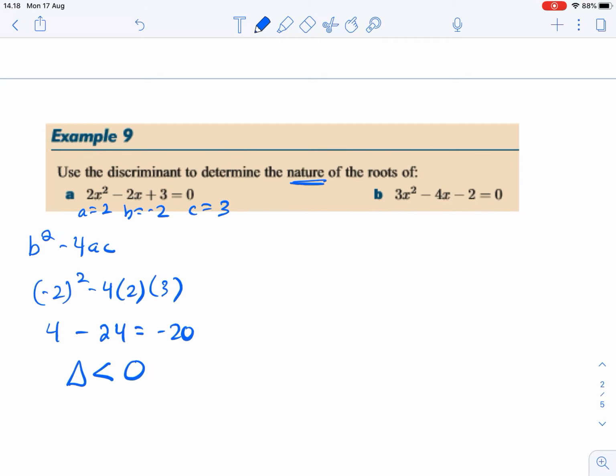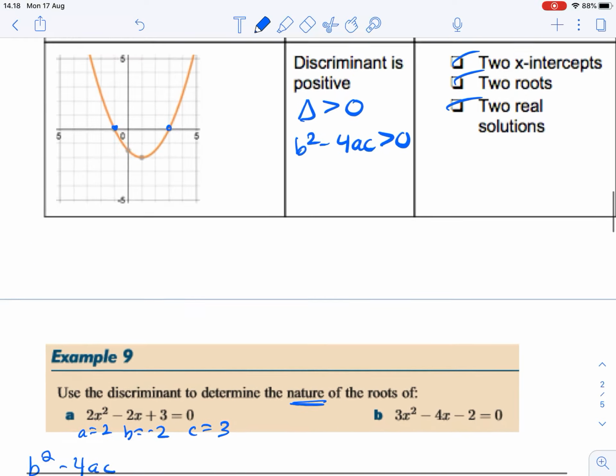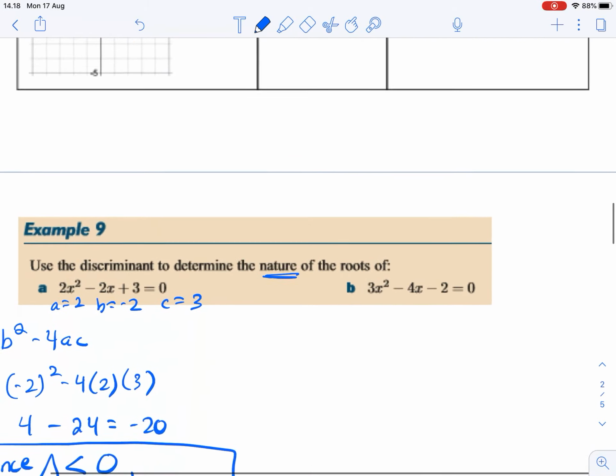And this tells me that my discriminant is less than 0. If my discriminant is less than 0, there are no real roots. So going back up here, if your discriminant is negative, there are no roots and your graph won't cross the x-axis.